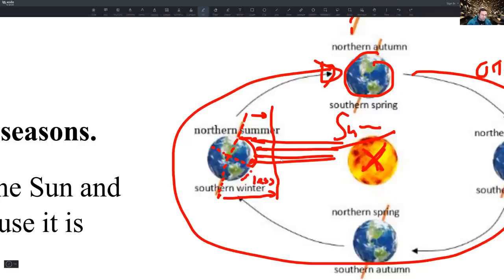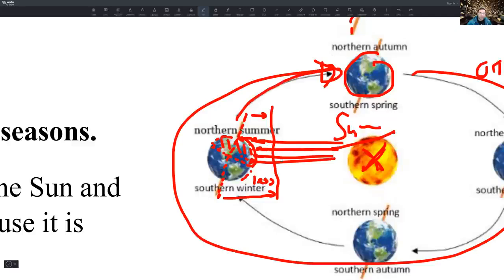Therefore the northern hemisphere, where most of us are living right now, gets summer. We're heading towards summer, but let's say it's just hot. At the same time, people down in South Africa, South America and Australia, below the equator, get winter because their temperature is lower.